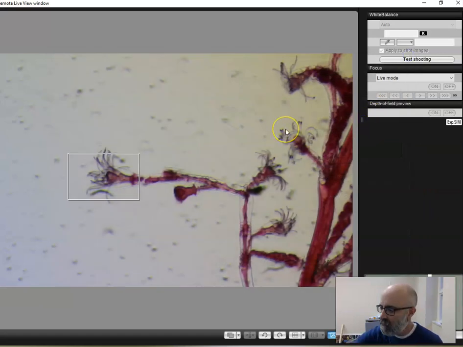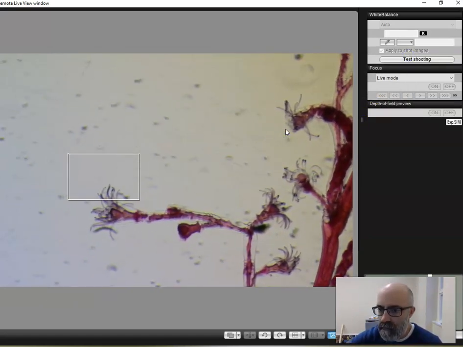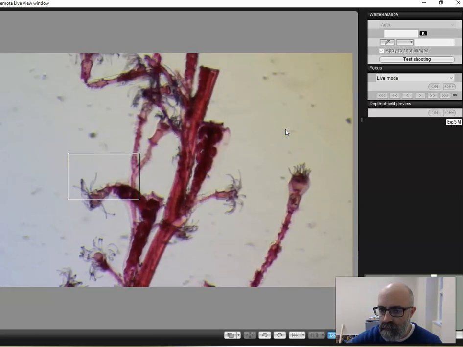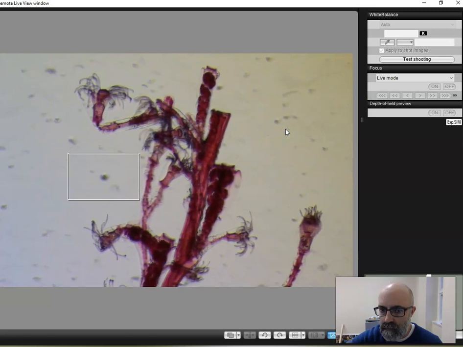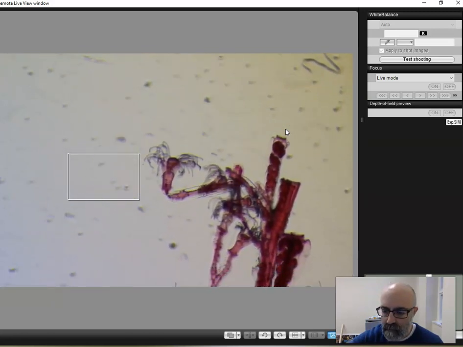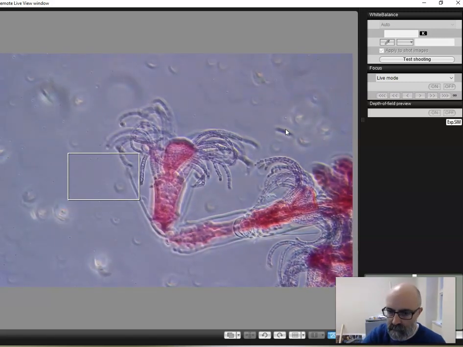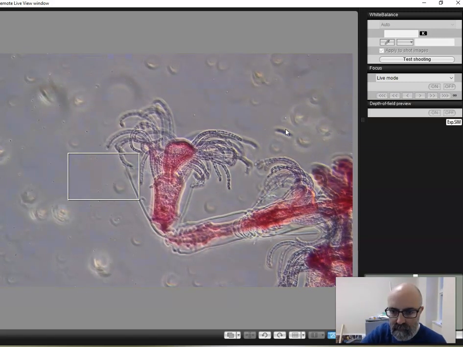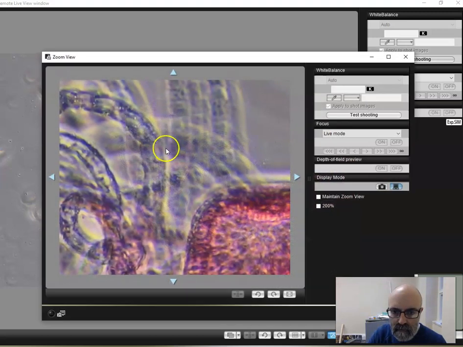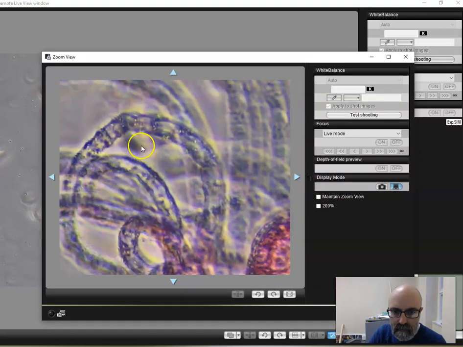Let's look at another example. That's a good example of a feeding polyp here. I'll zoom in a little bit. Look at that guy. Let's zoom in even more. Oh, wow, look at that.